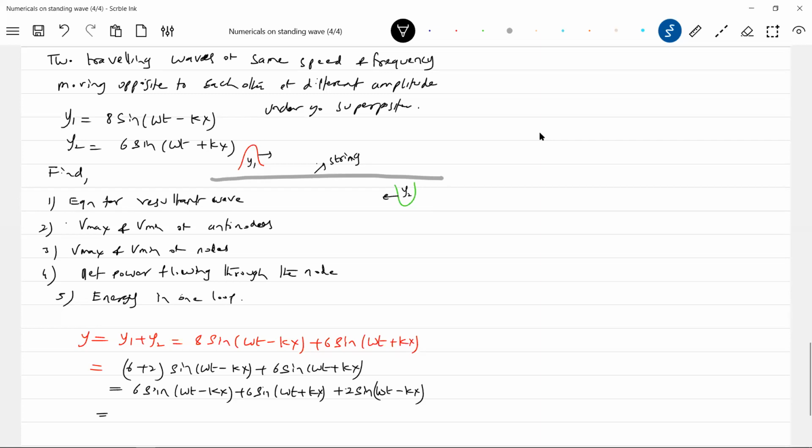Okay, 6 plus 6, this will become 12 cos kx sin ωt.